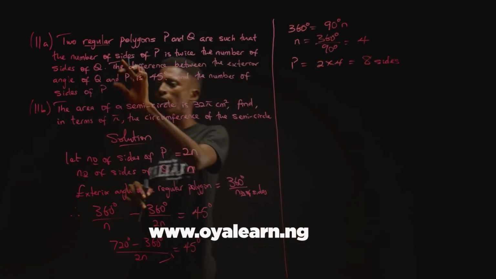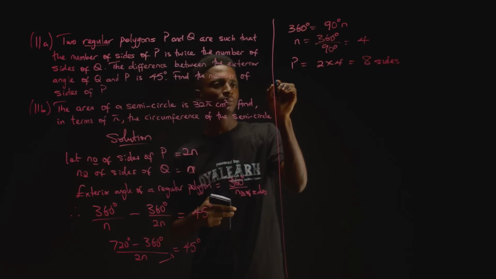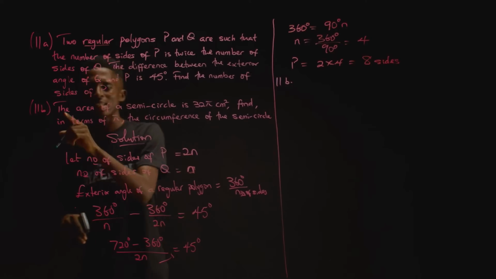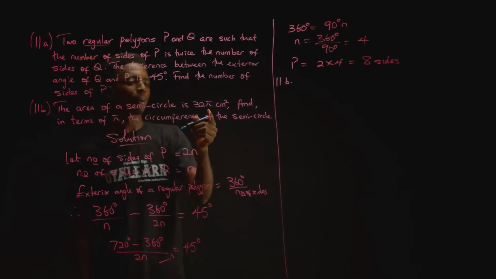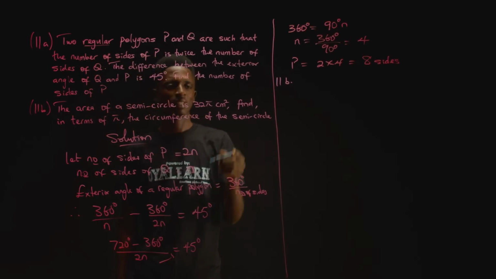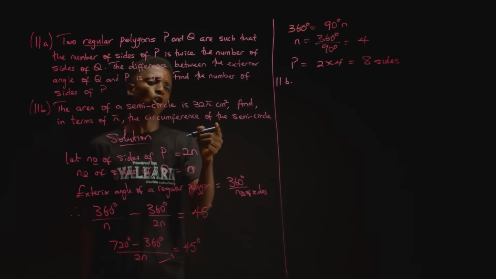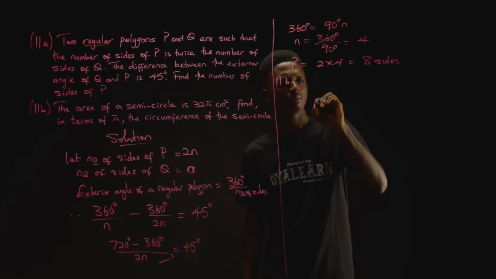Now, having solved 11A, let's proceed to solve 11B. 11B says the area of a semicircle is 32 pi centimeters squared. Find, in terms of pi, the circumference of the semicircle. So let's say we have a semicircle here.